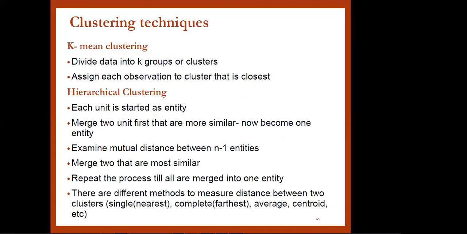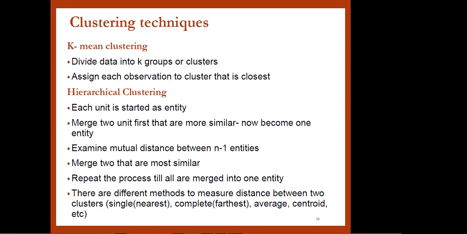In k-means clustering, we divide data into k groups or clusters, and this k is pre-decided. Then we assign each observation to the cluster that is nearest.